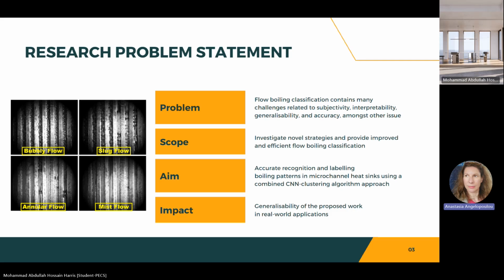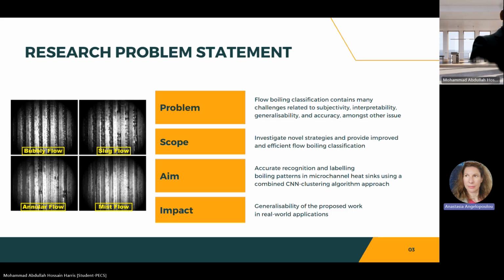When we looked into the literature, we saw the gap, and we chose a combined CNN and clustering approach, to provide the impact of getting generalizability in this application.